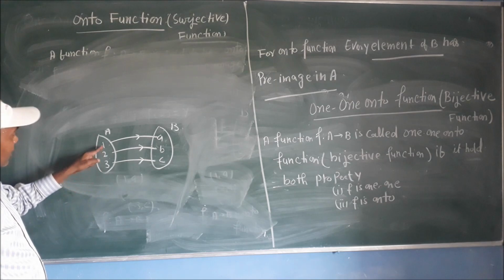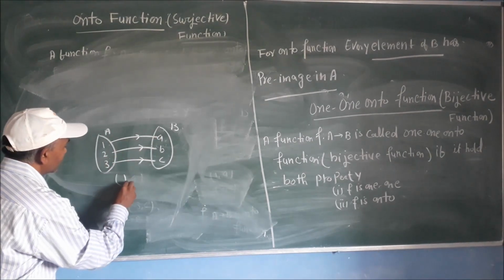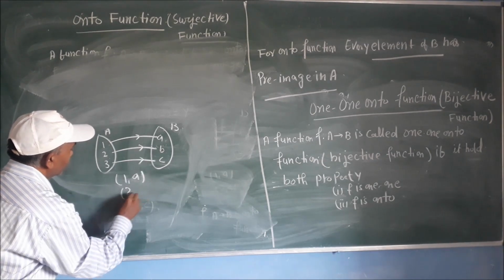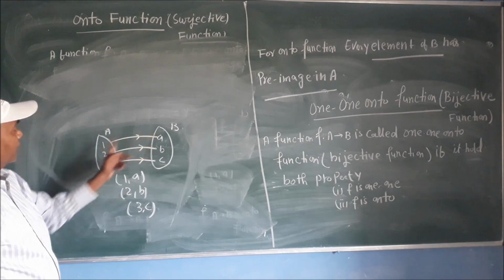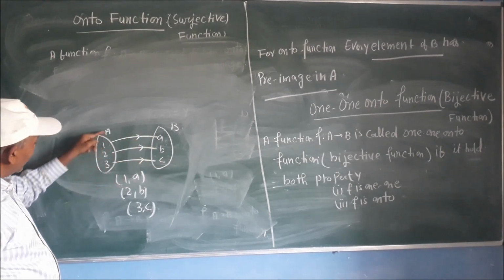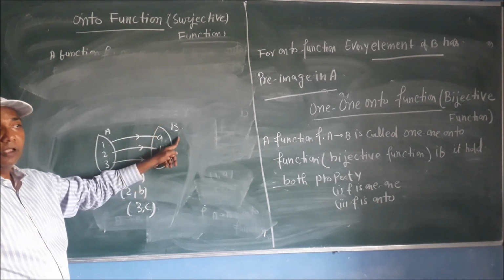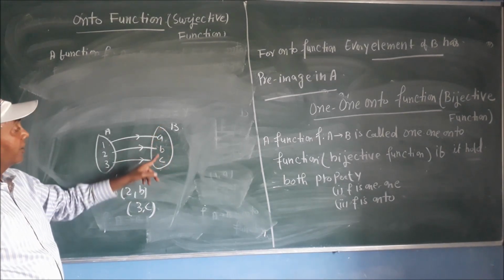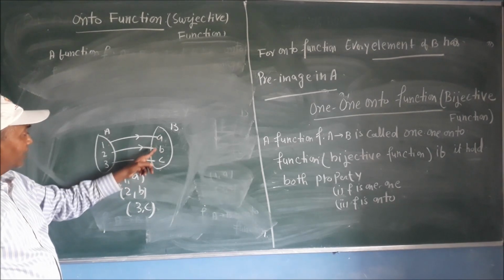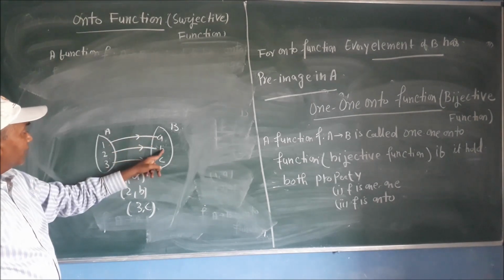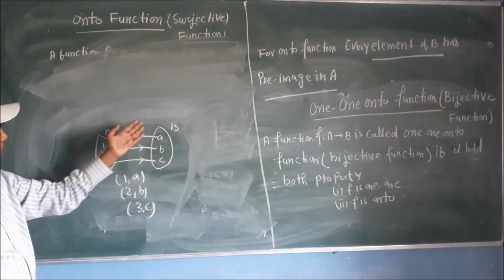Here every element of A has images in B. So we can say 1 has A, 2 has B and 3 has C. Every element of A has an image in B, and for every element of B, that is A, B, C, there is a pre-image: the pre-image of A is 1, of B is 2, of C is 3.